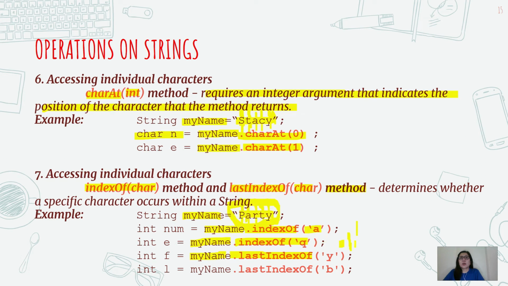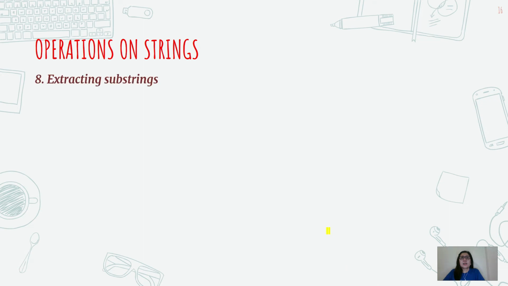So, ang sagot is 4. And lastly, last index of B, since wala ulit B doon sa word na party, ang i-return niya ulit na value is negative 1.